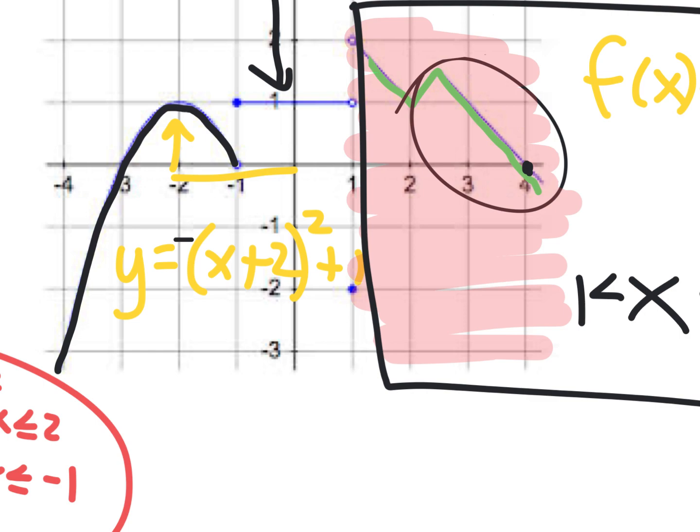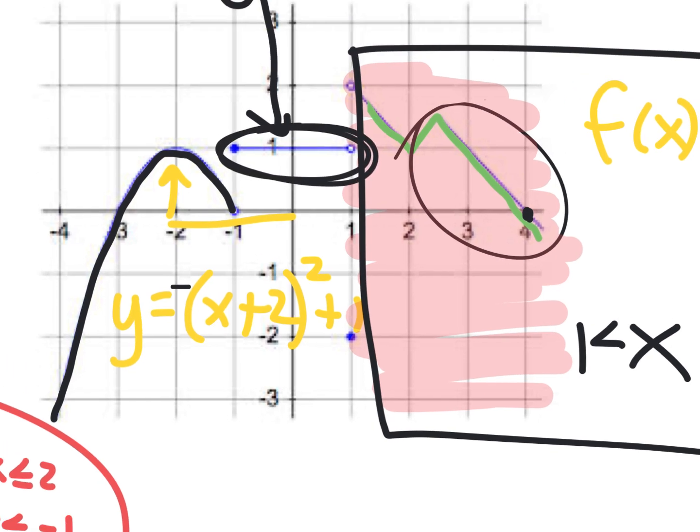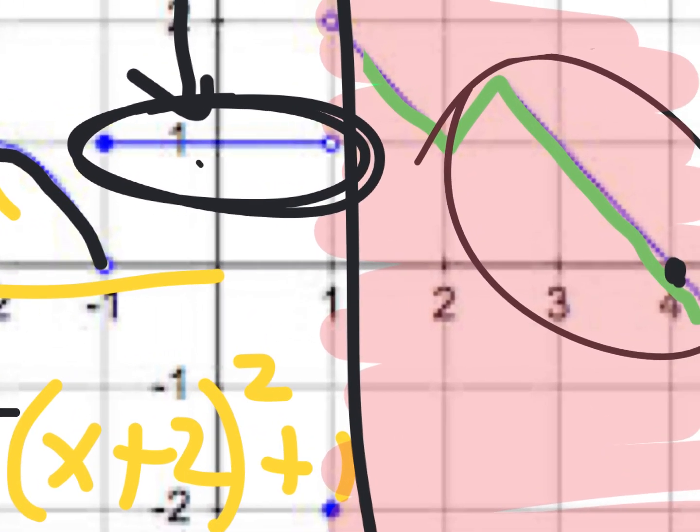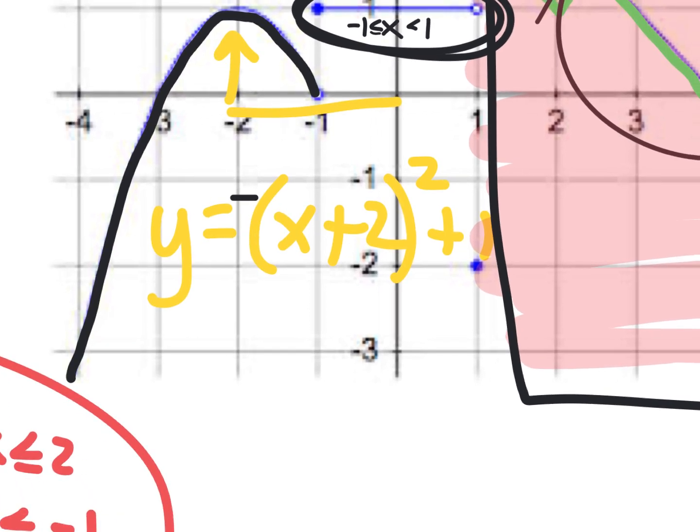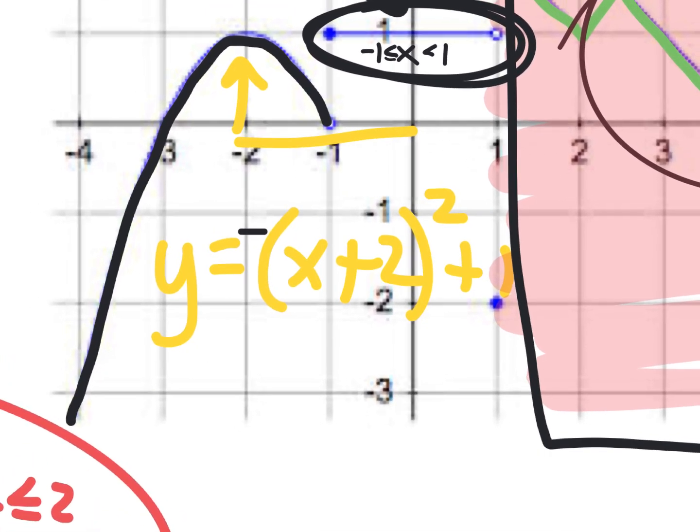This function exists between -1 and 1. And wait, it owns one of those two. Which one does it own? -1 or 1? -1. So we say or equal to. And this one only exists, once again, I need to know if there's an arrow on the end.